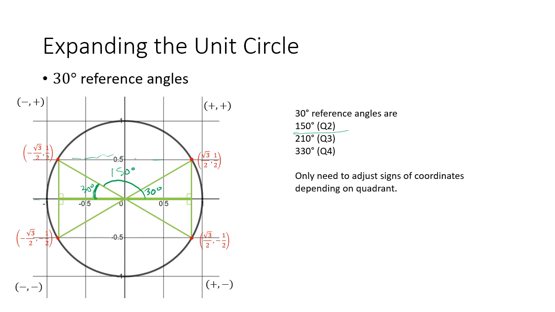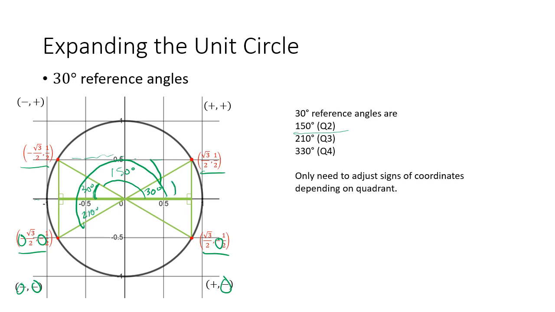So this 30-degree angle here, notice the coordinates root 3 over 2, 1/2. They're the same. All we need to do is adjust the signs of the coordinates to match the quadrant of the coordinate plane that we're in. So this larger angle, that's 180 plus 30, so that'd be 210 degrees.